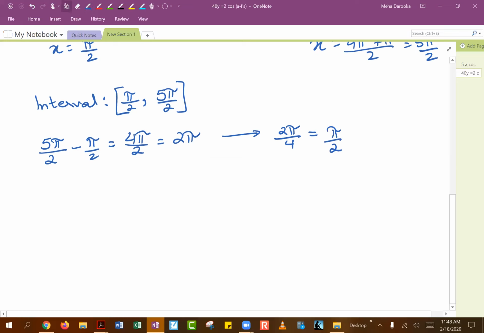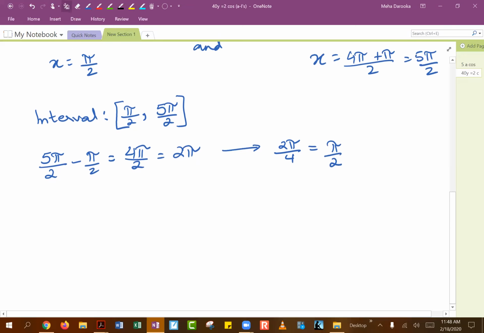So now for our key points, remember, start from the left interval, leftmost endpoint. So for our first ordered pair, we would be starting at pi halves. And then you keep adding this value, right? The pi halves we just calculated. So what will our second ordered pair x value look like?